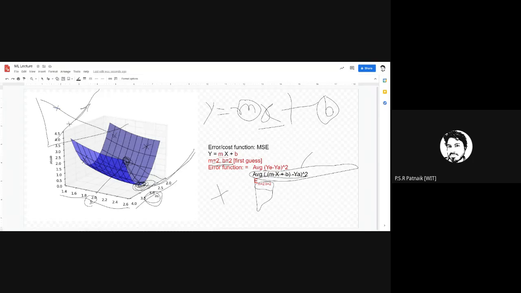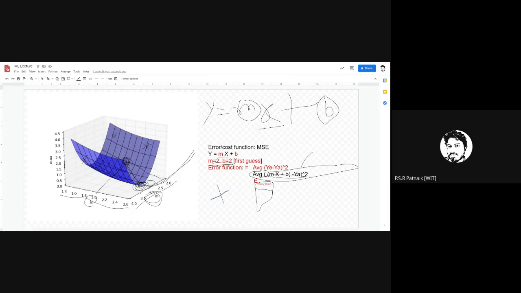Are you getting it? Whenever you calculate the slope of a curve or a surface or a plane, it indicates the direction towards which you will reach the highest point. The slope value indicates the step increment you have to take in order to reach the point where the function has the maximum value, right?